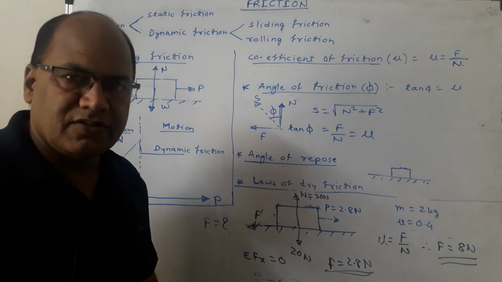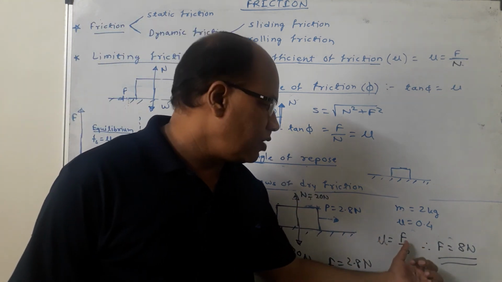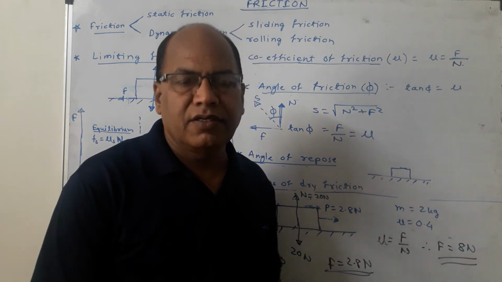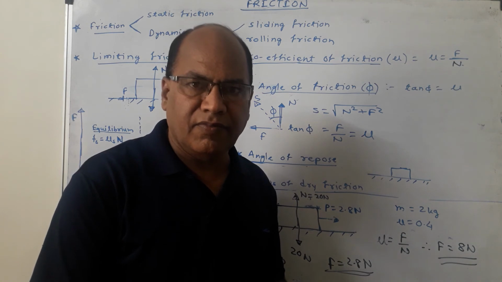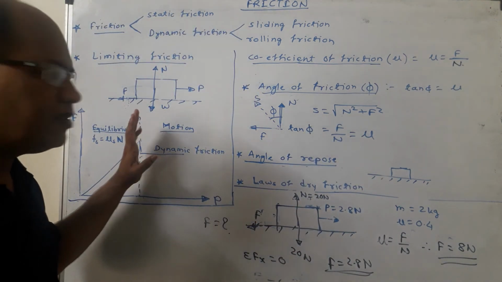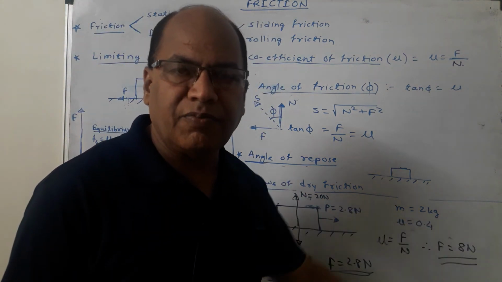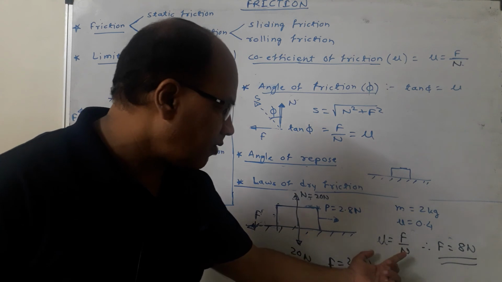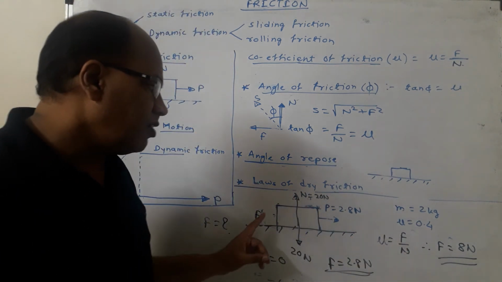It is to be noted that when we use this formula, mu is equal to F upon N, we are considering the stage of limiting equilibrium, meaning the body has reached this stage, and the value of frictional force is 8 Newton. It is the maximum value of frictional force when we get it from this formula. Now we know the important property of frictional force.